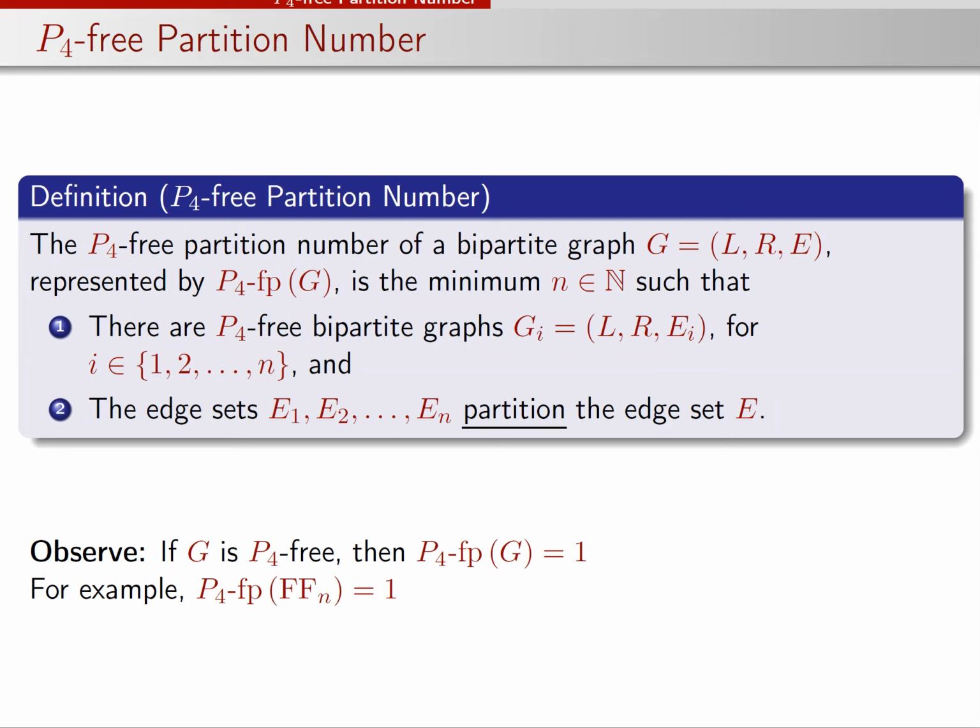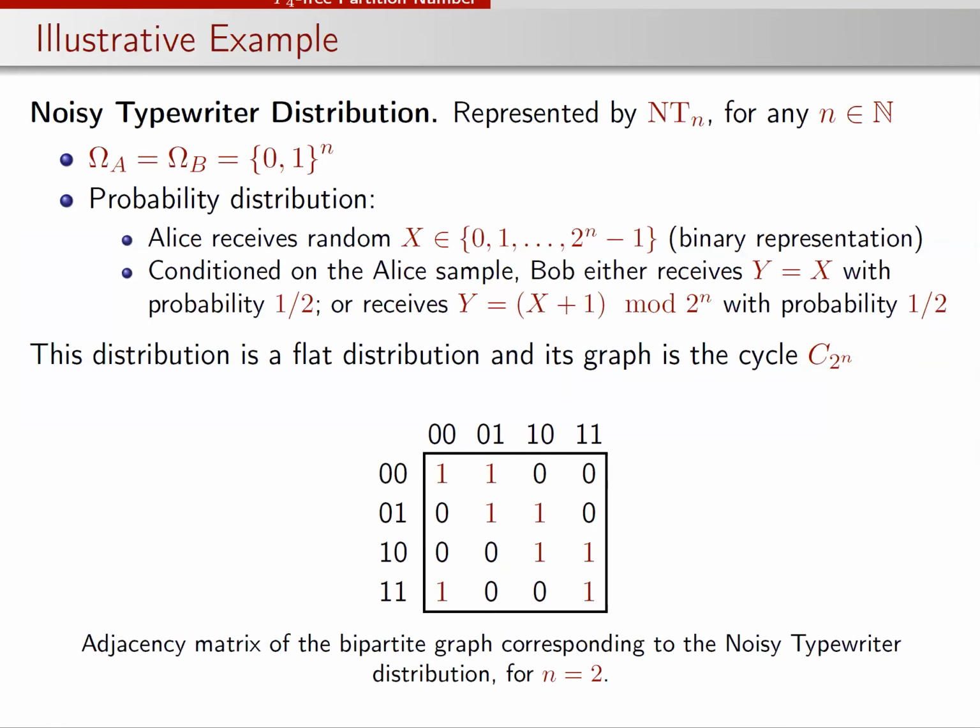So clearly, if the graph is P4-free, then its P4-free partition number is 1. One such example is the forward of flip O distributions. Let me give you another example.